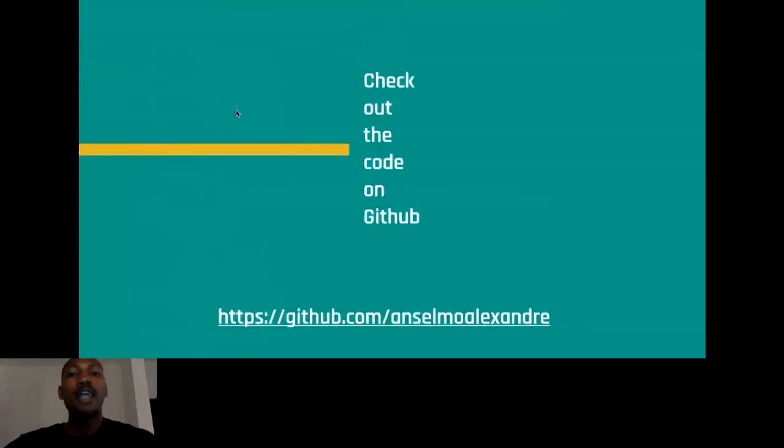For the code, I will just invite you to check out my GitHub account and see how I implemented these tools, these features in the app. I'm available to explain and guide you on how I use these tools.